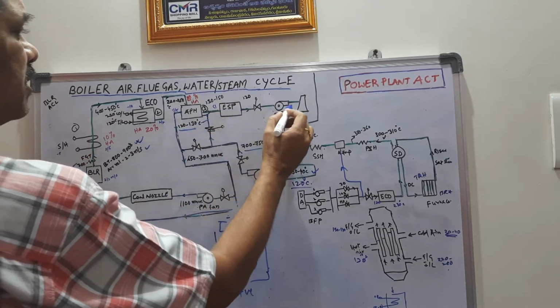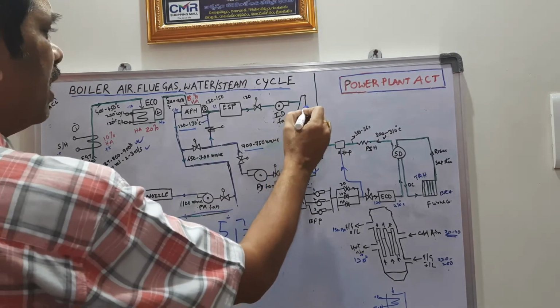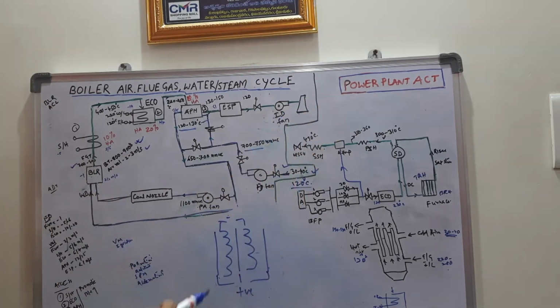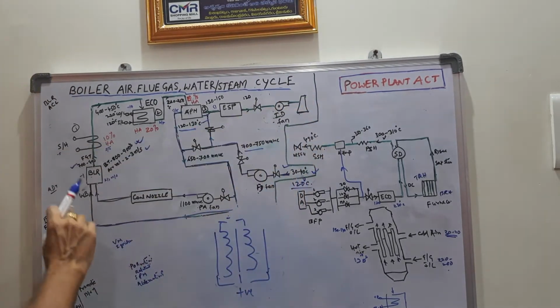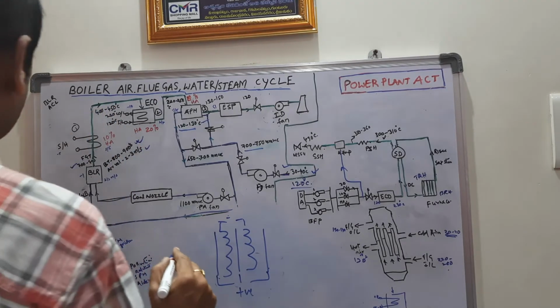Then this flue gas enters the ID fan. After that, it goes to the chimney. The flue gas parameters are like this.